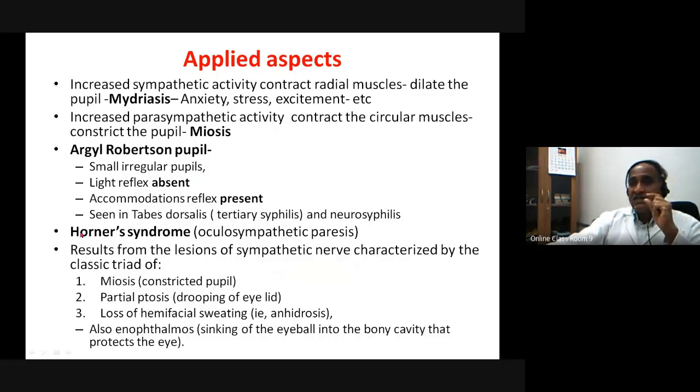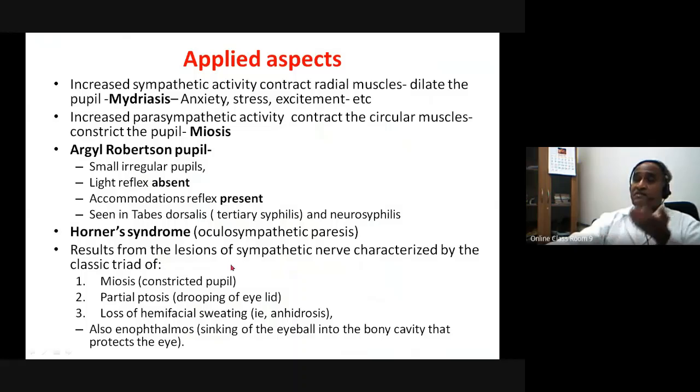Then there is another condition to bring in. There are many things. I have taken only those two conditions which are physiologically important for us: Horner syndrome or oculosympathetic paresis. This results from lesions in the sympathetic nerve, that means a cervical rib pressing over the sympathetic ganglion there.